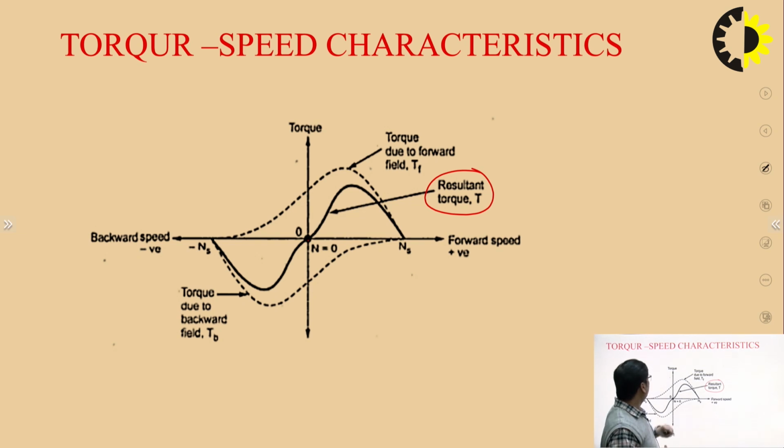So from this we can conclude, since this is the torque slip characteristic or torque speed characteristic of the single phase induction motor. This is the forward speed, this is the backward speed. We have already defined the slip in the 3-phase, so here the slip is varying: slip is equal to 1 here, slip is equal to 0 here, and slip is almost 2 at the other end.